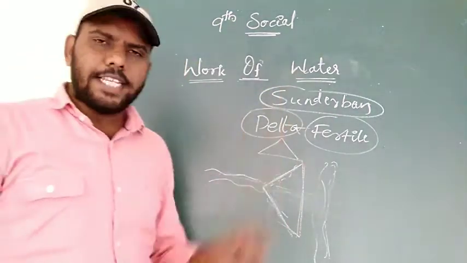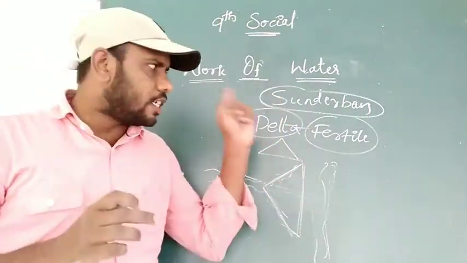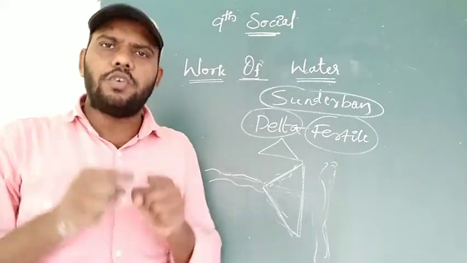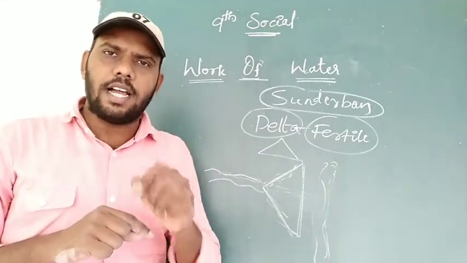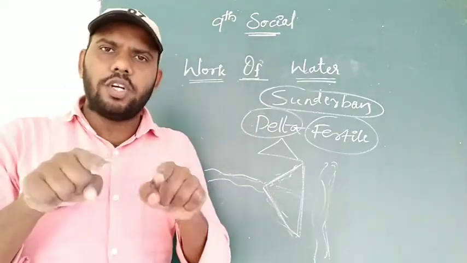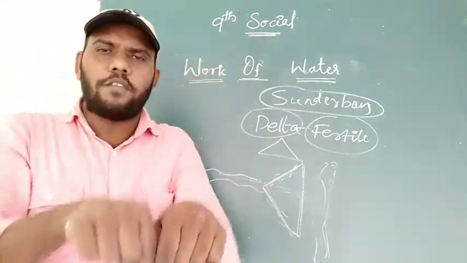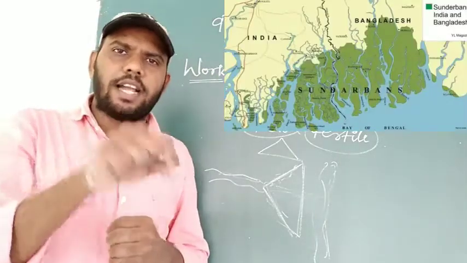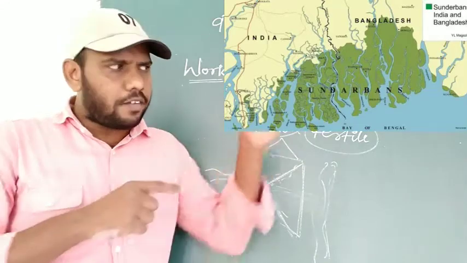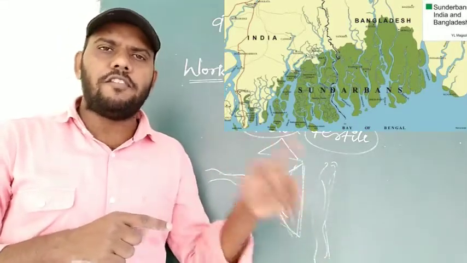It is formed by two rivers, not a mixing of two rivers: one is Ganga, another one is Brahmaputra. With the merging of these two rivers, they fall into the Bay of Bengal. Remember, both the Brahmaputra and the Ganga fall into the Bay of Bengal.